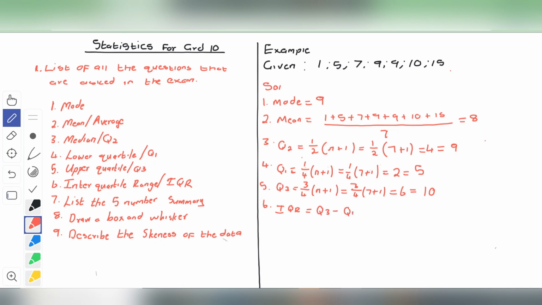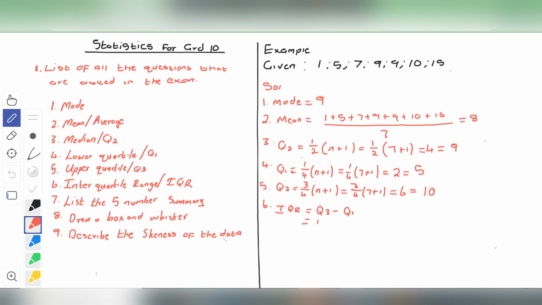You need to know this formula, guys. You can't calculate the interquartile range if you don't know how to calculate Q3 and Q1, because we are going to use Q3 and Q1 to find the interquartile range. So now we know what Q3 is, right?